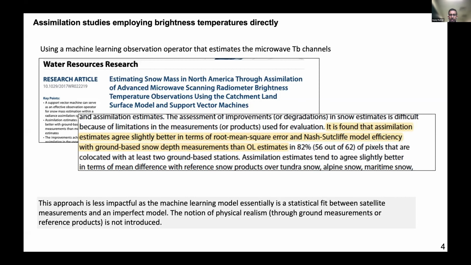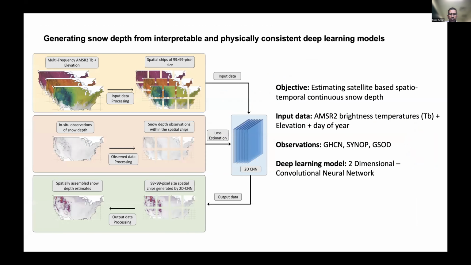So that notion of physical realism through ground observations is not really introduced in these methods. That's something we try to address, in a very simple way, by seeing if we can generate a better statistical fit with machine learning.